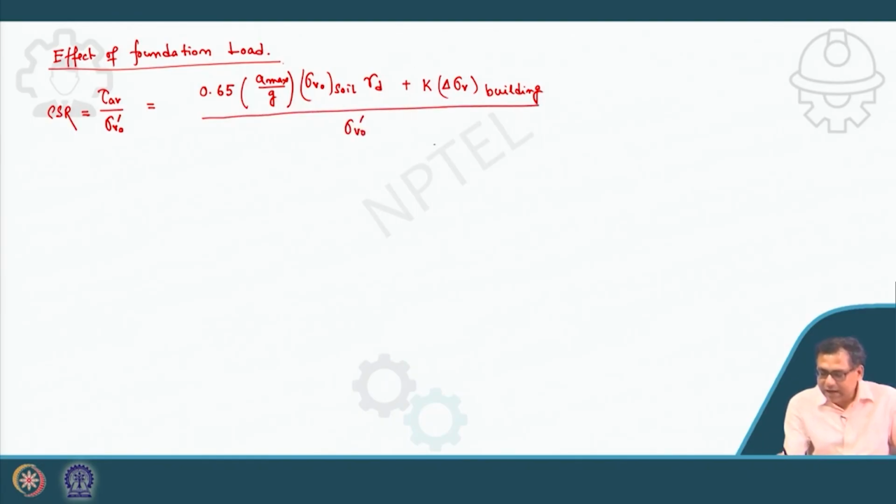This additional component is considered due to the additional stress coming on the foundation base due to a building, where K can be taken as 0.2. And how will I calculate del sigma V?